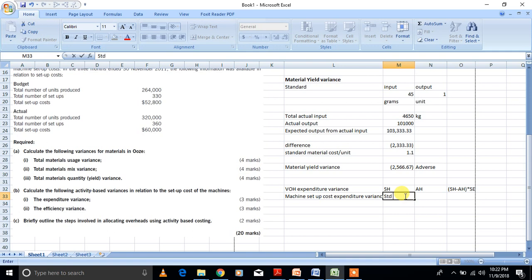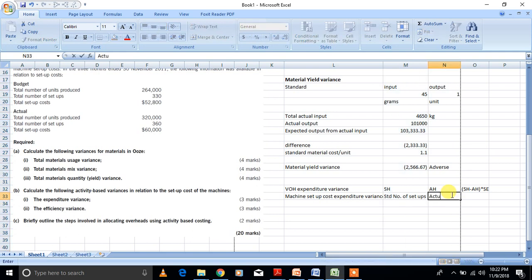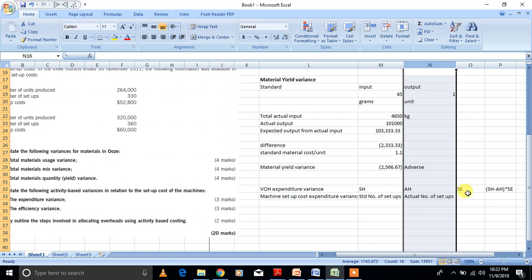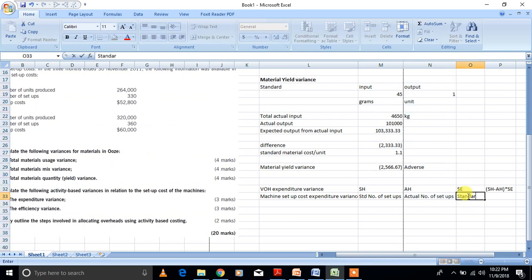Here it has to be number of setups, and this column has to be actual number of setups, and you're going to multiply the difference by standard cost per setup.